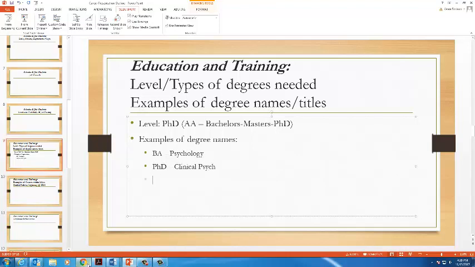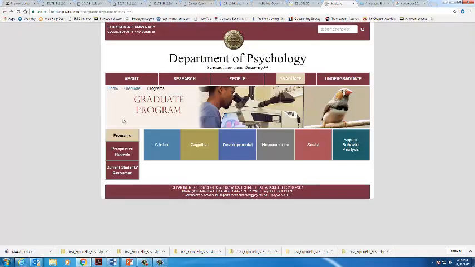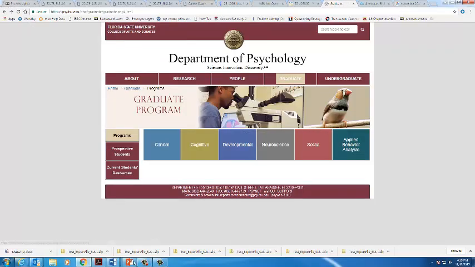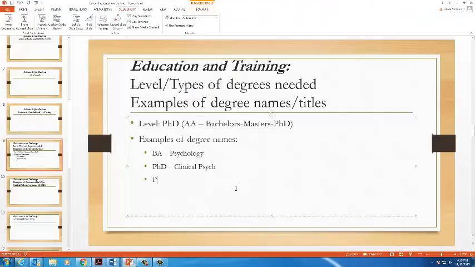And what were some of the other names? So there was clinical, there was cognitive, developmental, so I may decide to include those. So those would be examples of different degree names.